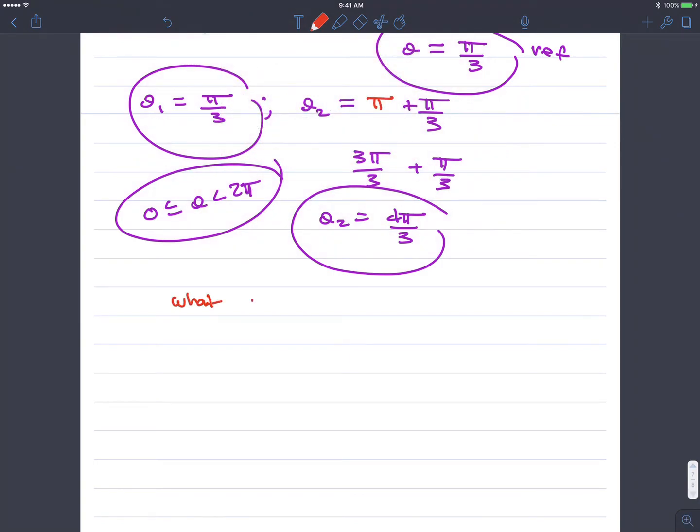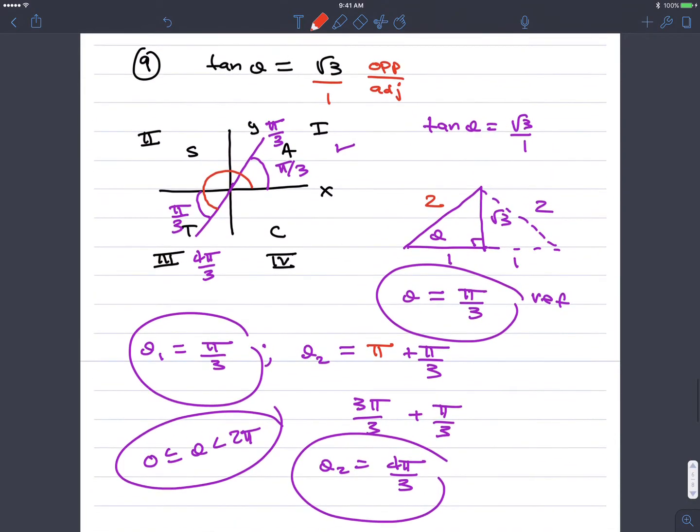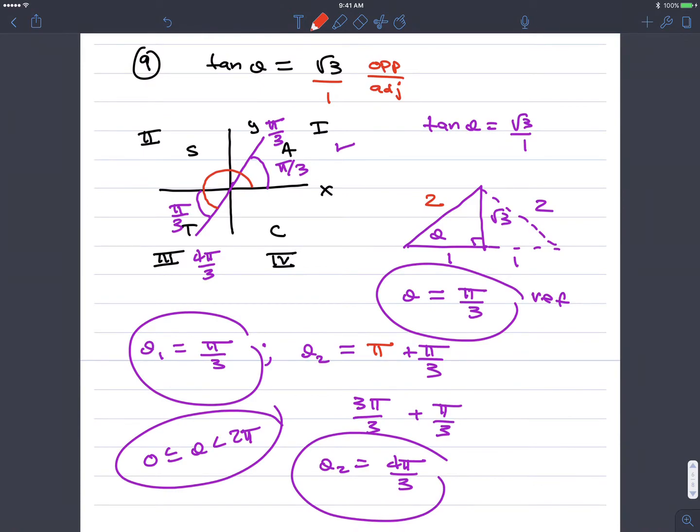What about the general solution? Okay, what about let's say theta is pi over 3. Pi over 3 plus what? Why n pi? Why is this like what we just looked at?